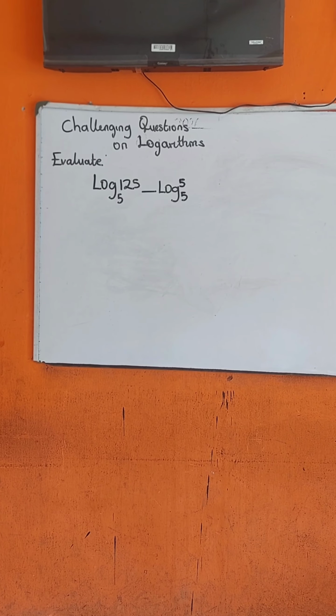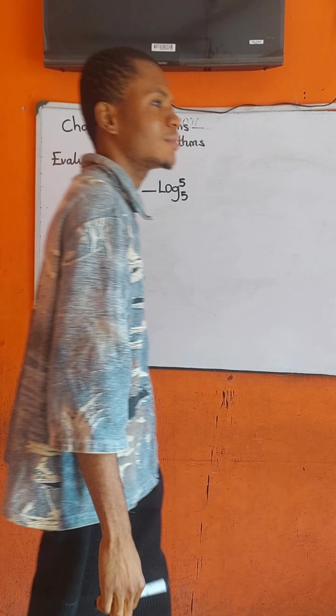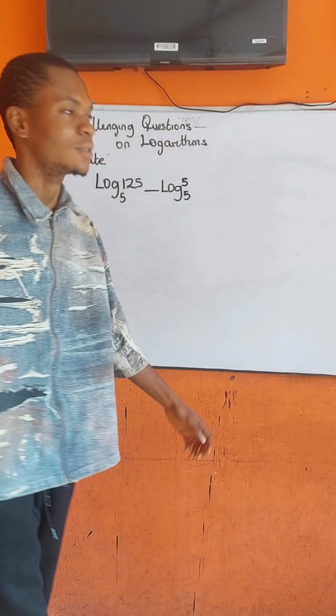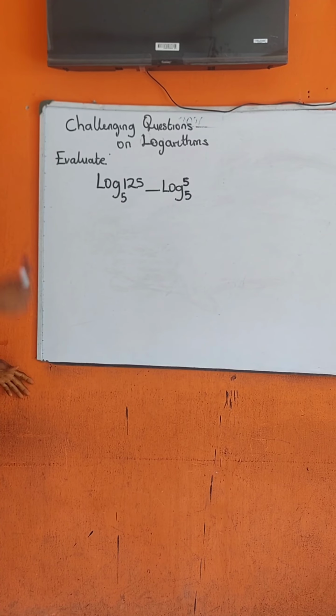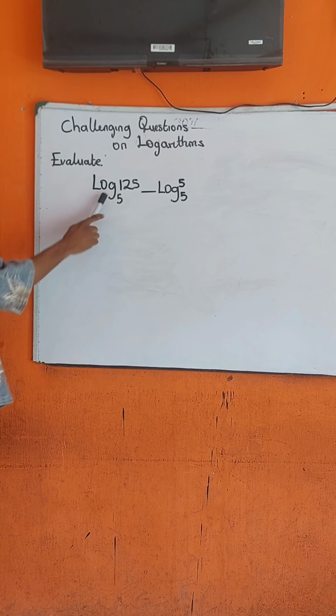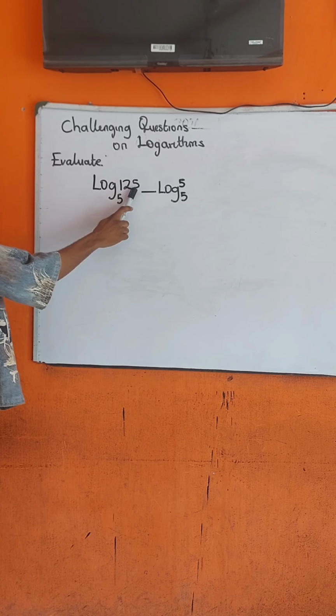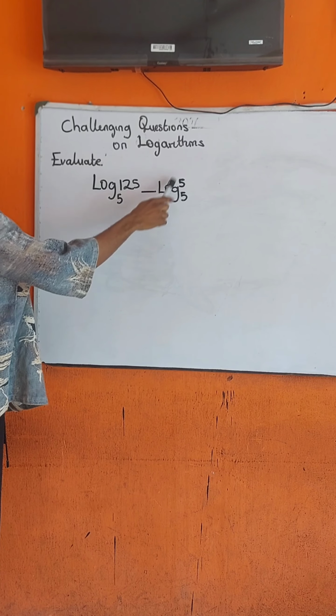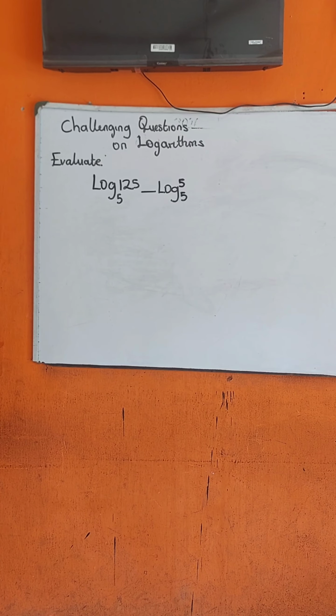Okay, look at this question, the same thing as our previous question. Log 125 base 5 minus log 5 base 5.